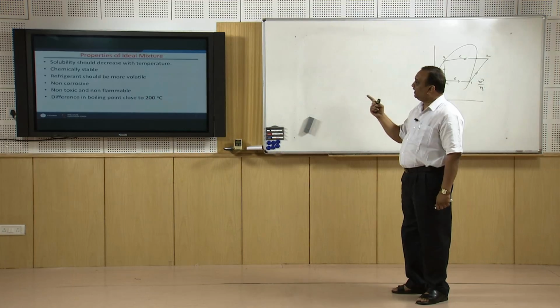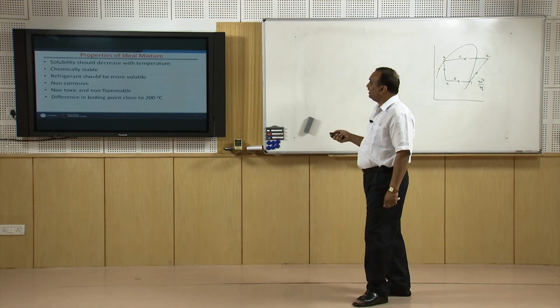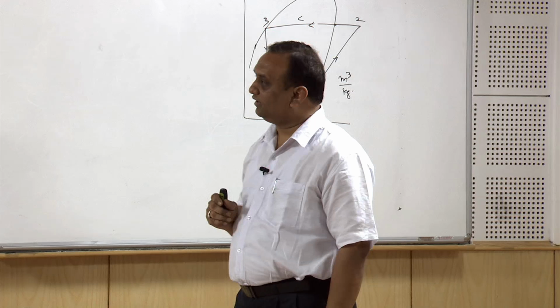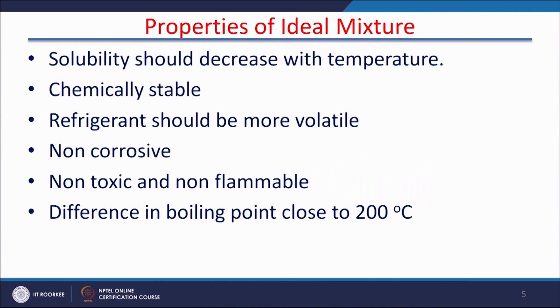And that is why it is stated here, solubility should decrease with temperature. So when we increase the temperature, the solubility of refrigerant should decrease, otherwise we will be losing this refrigerating effect. Chemically stable, the mixture has to be chemically stable, it should not react at any temperature.